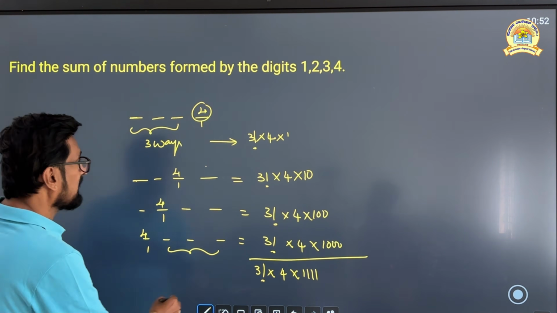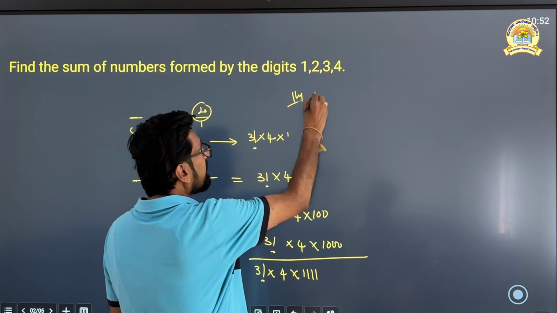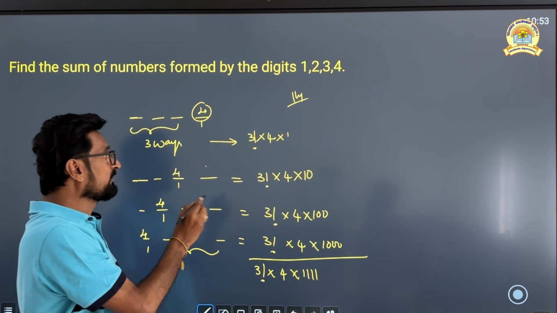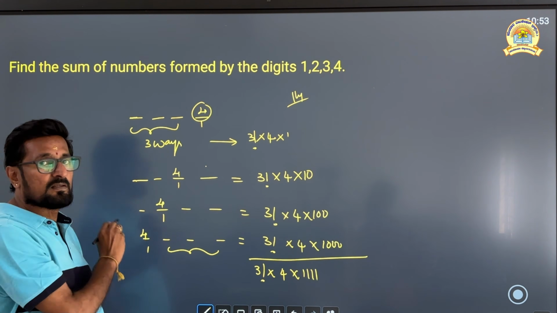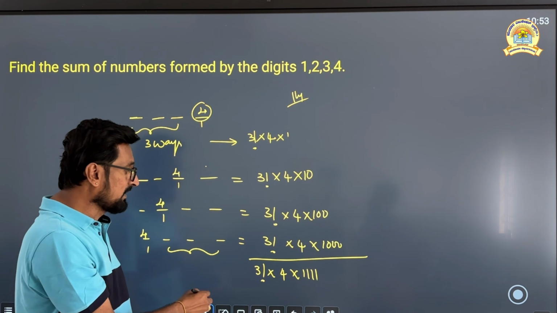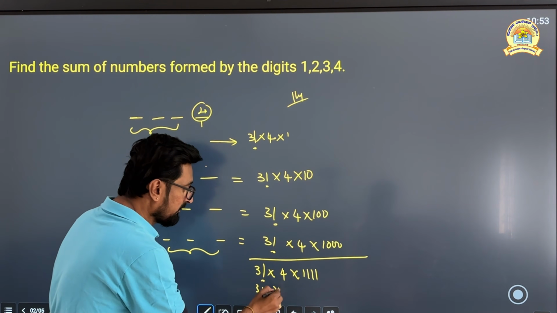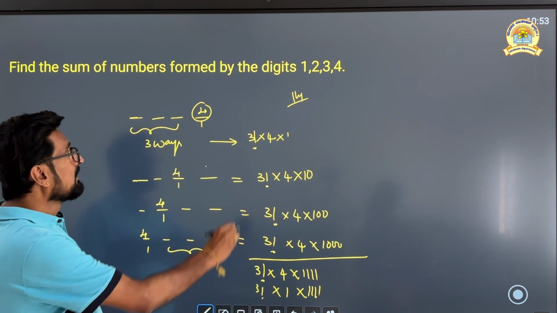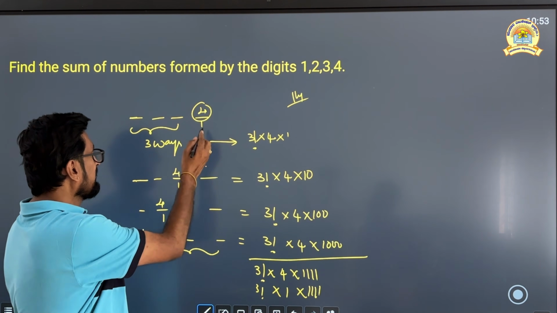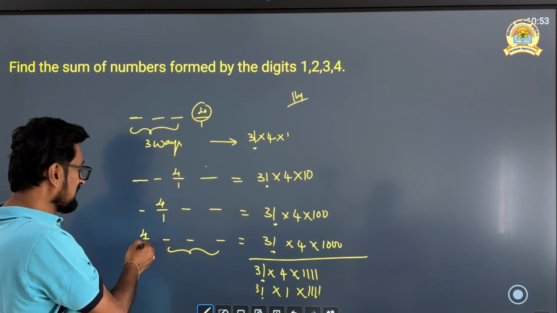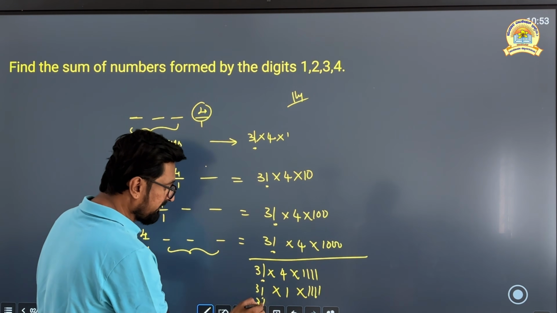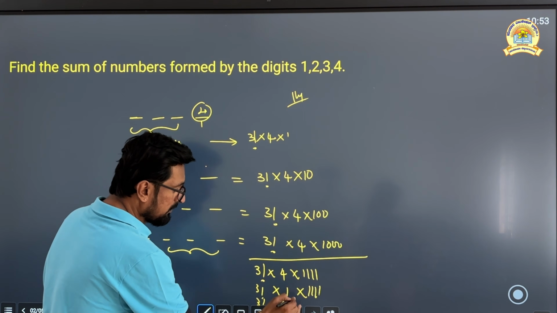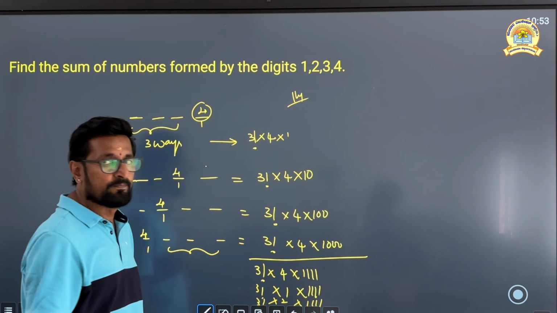Similarly, if we take 1 in the units place, tens place, hundreds place, thousands place, again you are going to get 3 factorial into 1 into 1, 1, 1, 1. Similarly, if you take 2 in the units place, tens place, hundreds place, and thousands place, you are going to get 3 factorial into 2 into 1, 1, 1, 1 again.